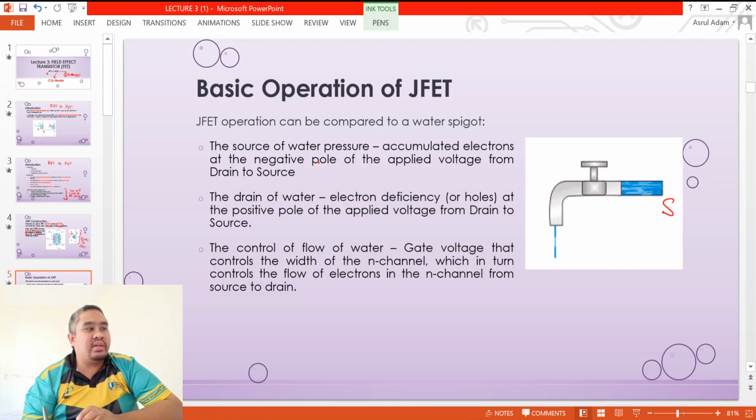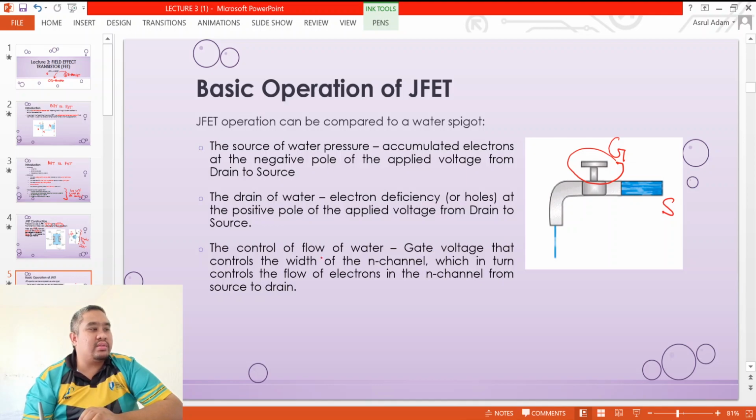The source of water pressure is the accumulated electrons at the negative pole of the voltage applied from the drain to source. The drain of water is the electron deficiency at the positive pole of the voltage applied from the drain to the source. Then the control of the flow of water is the gate.